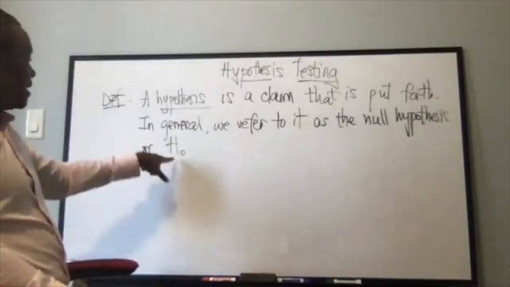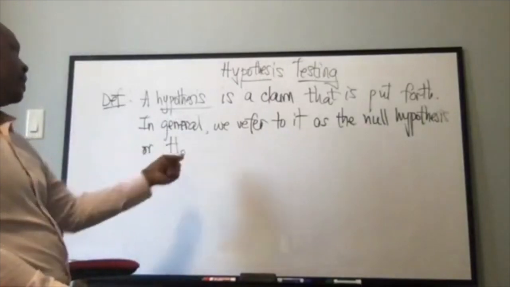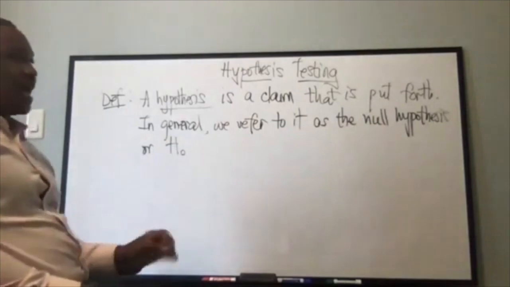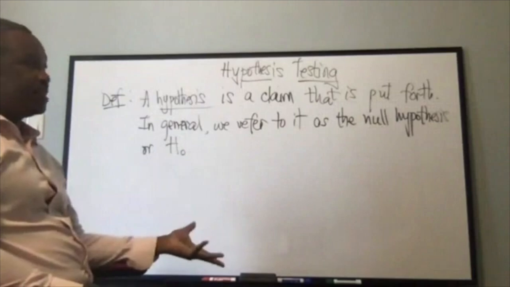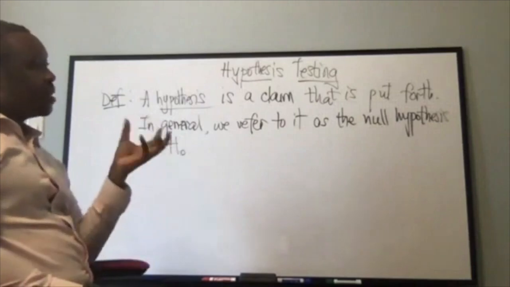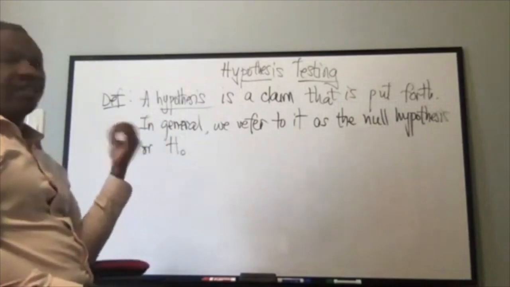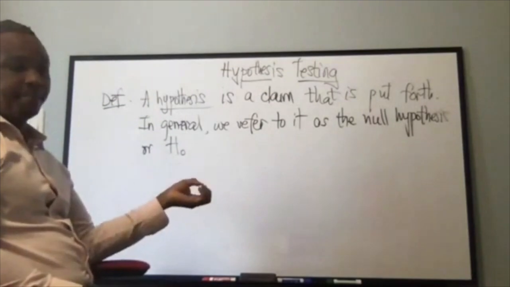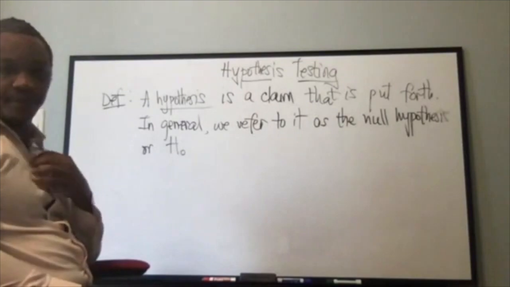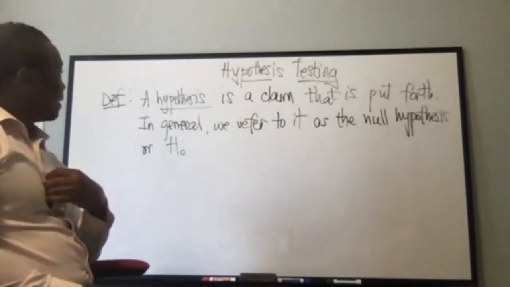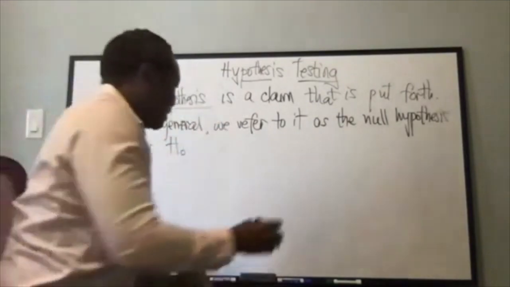That's an H and then the little number 0. Sometimes it's called H naught, which is another word for 0. But null is the original claim. It may or may not be right, but at least I'm claiming it, right? So we have this null hypothesis here.